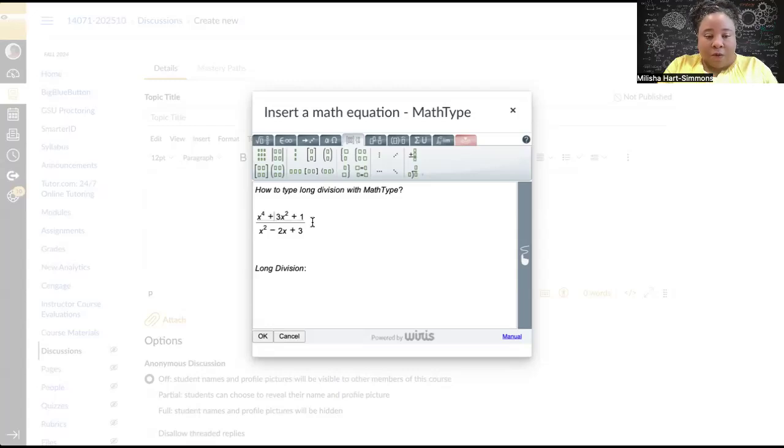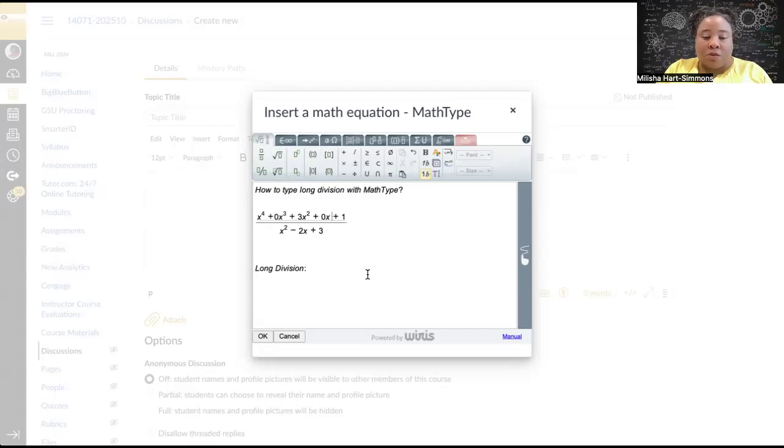So I can go back and rewrite this as x to the fourth plus 0x raised to the third power plus 3x squared plus 0x plus 1, okay? And this will make it easier for us to keep up with the places for x cubed or x squared or x if needed, okay?